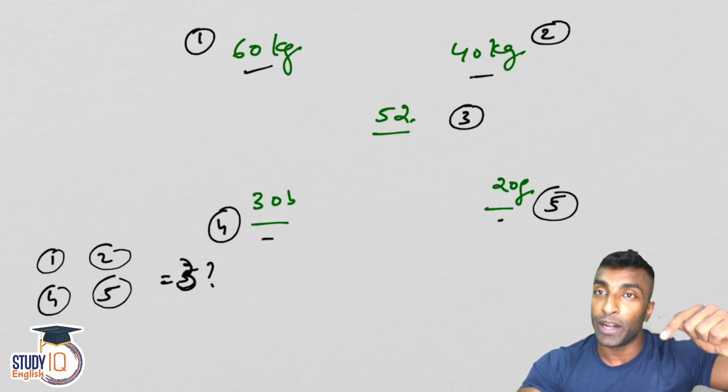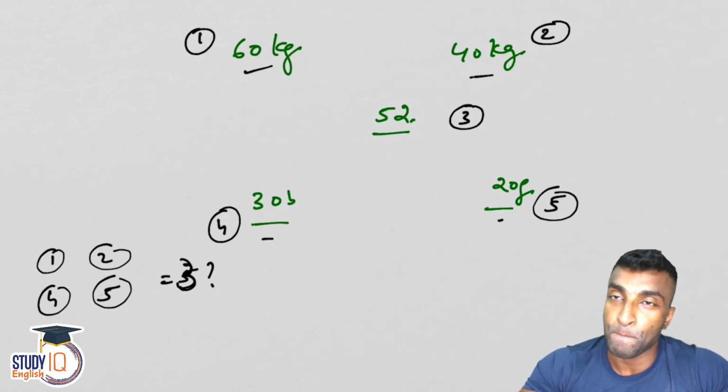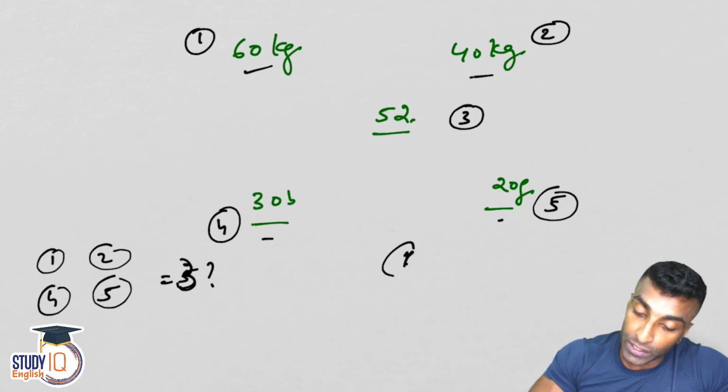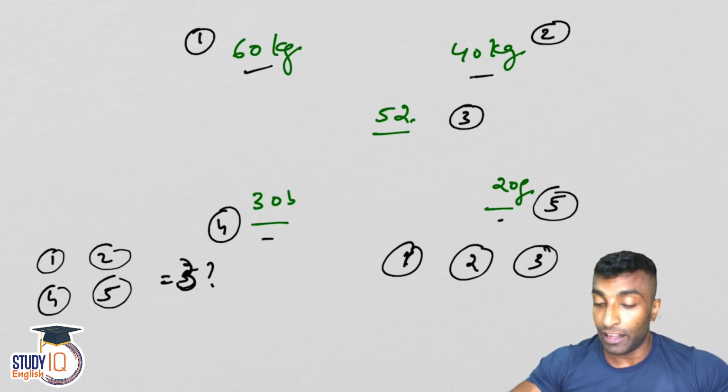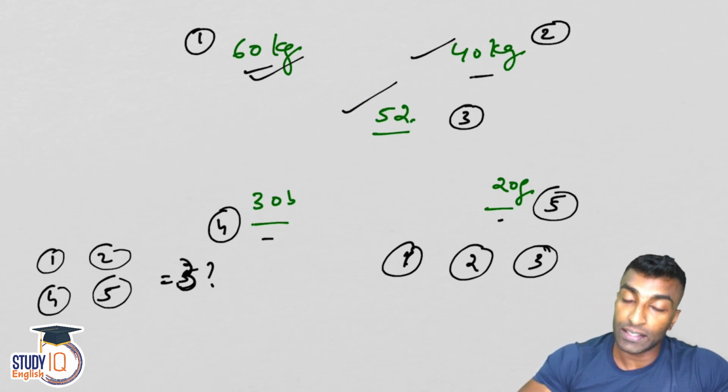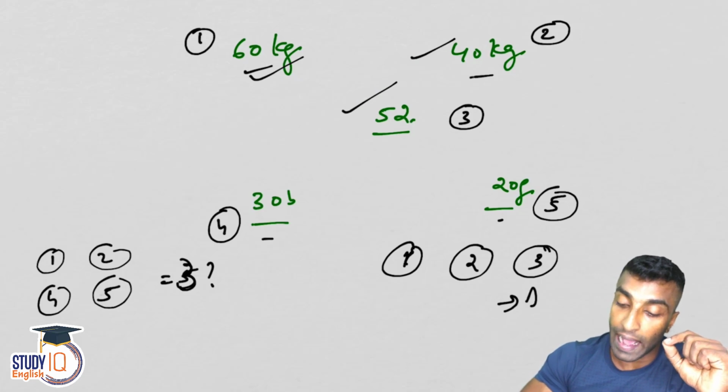So in this case, you need to find the weighted average. There will be situations where they give you the first one, the second one, and the third one. If this is given, this is given, this is given, and this is given, then you need to go for allegation.